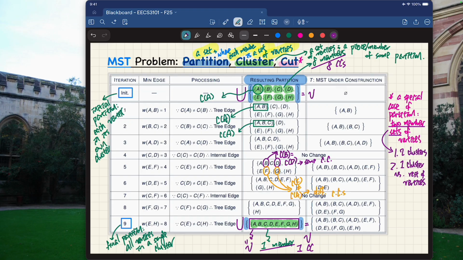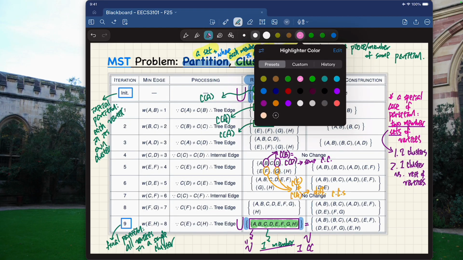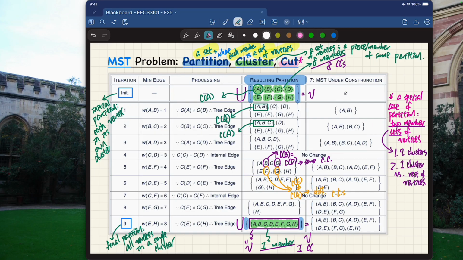Let's start with case number 1. It's actually easier to see. For case number 1, when I say we have exactly 2 clusters, you can just look at the end of iteration 8 right here. Over there you can see we have a partition, and another partition.